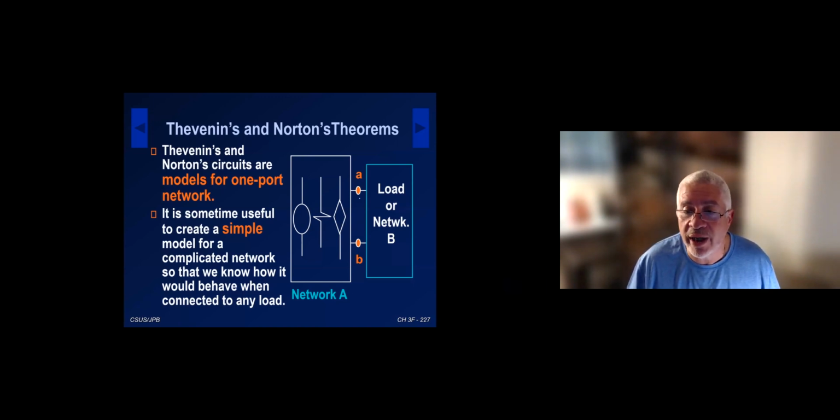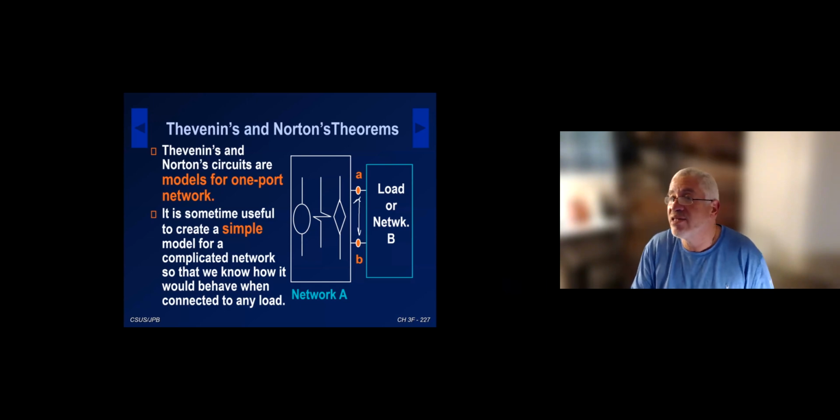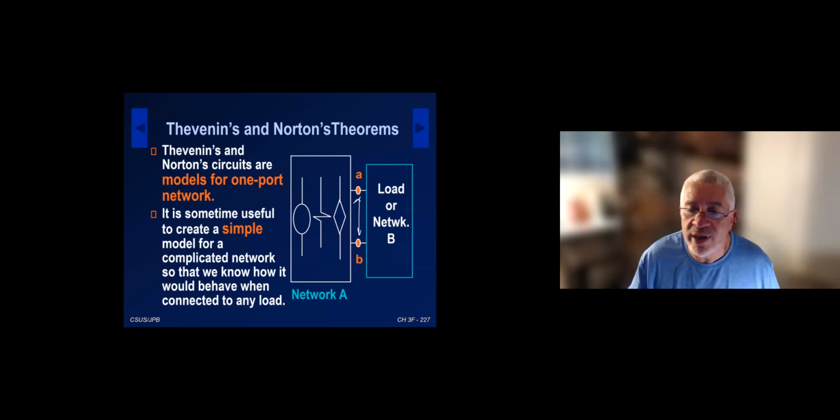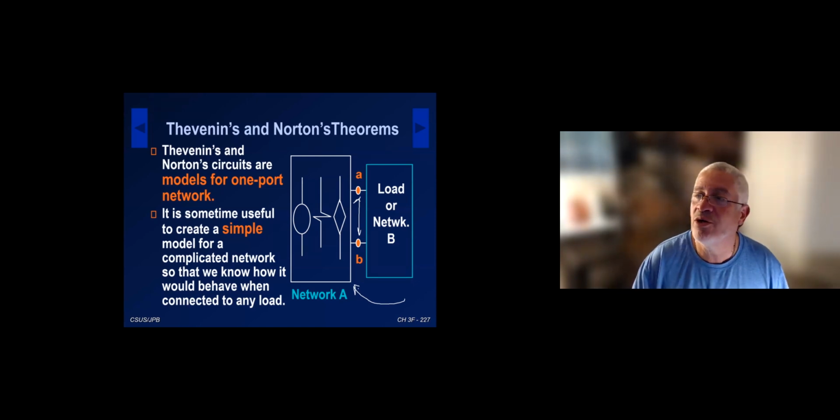A one-port network is a network that connects to the outside world via a pair of terminals, here I'm going to call them A and B. The outside world can be a simple load like a resistor. It can also be another circuit. But what we're looking at in this section is to create a model for network A. Having a simple model will prove very useful when we're dealing with complicated circuits.